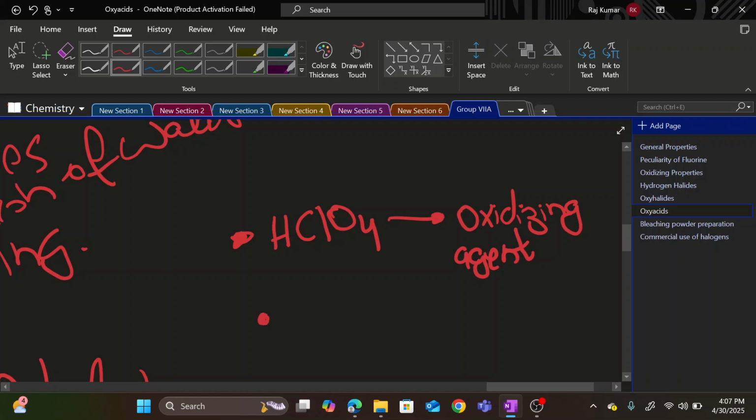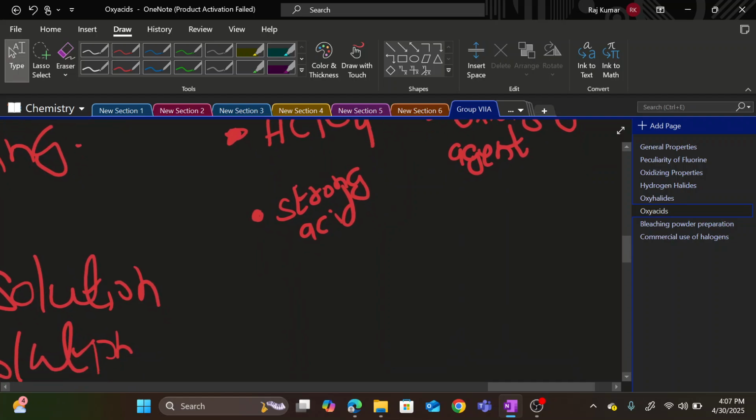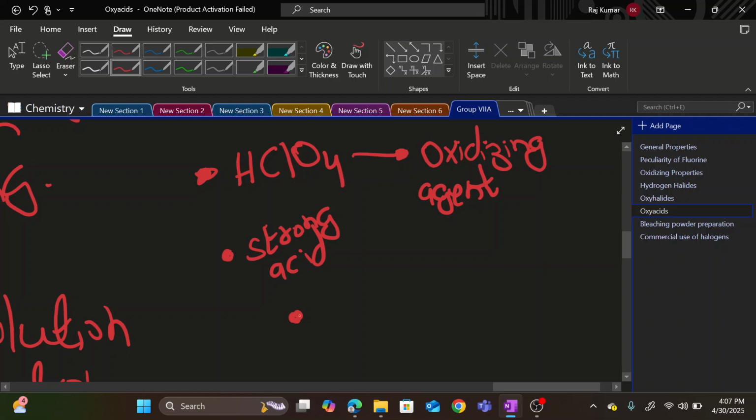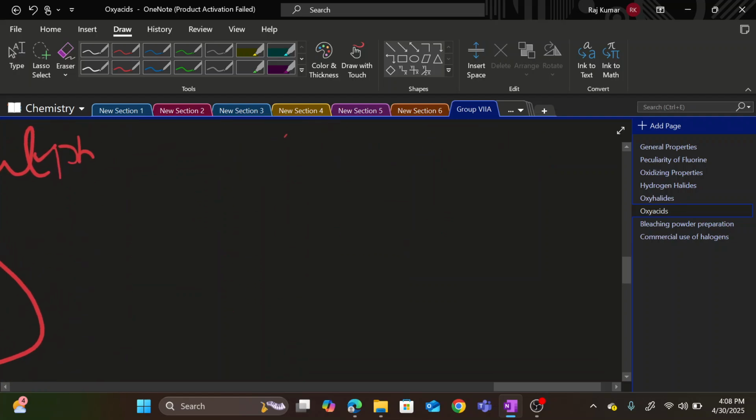It is basically a strong acid, and it is also used as an oxidizing agent. For example, if you want to oxidize hydrogen sulfide, if you want to oxidize hydrogen fluoride, then it's going to work as an oxidizing agent as well.